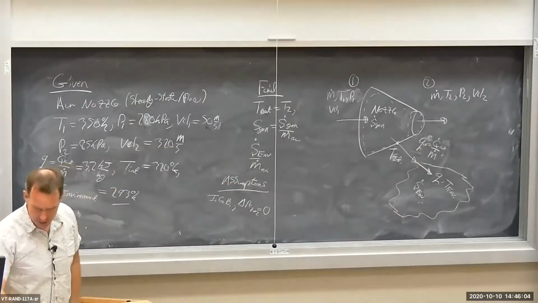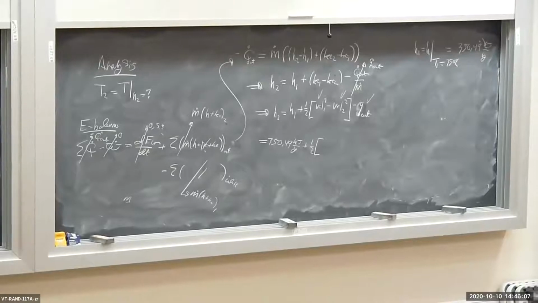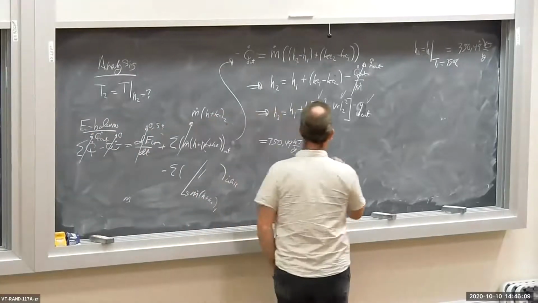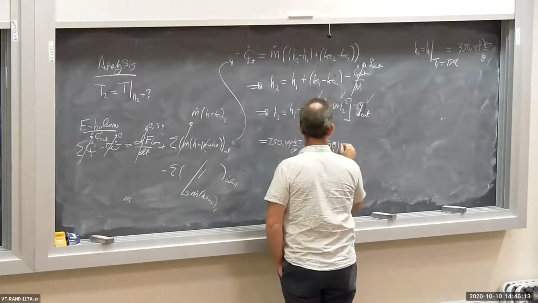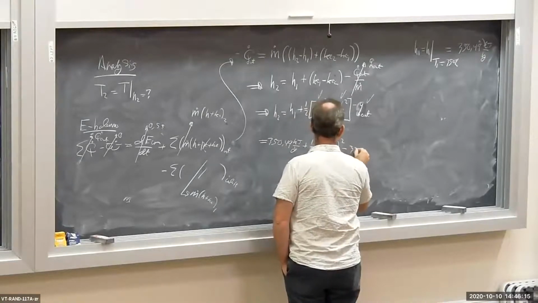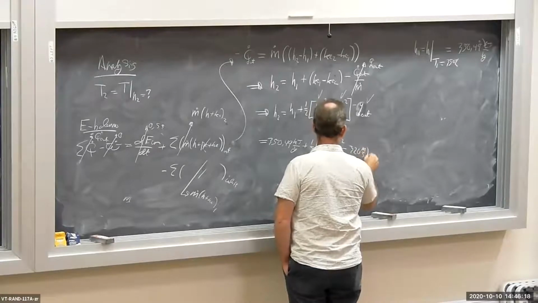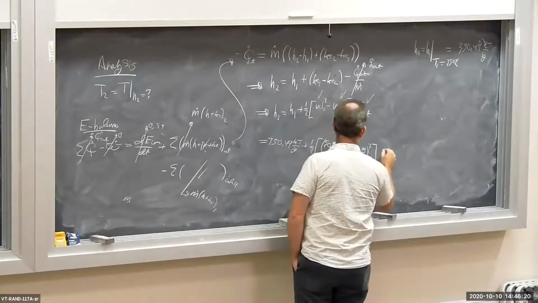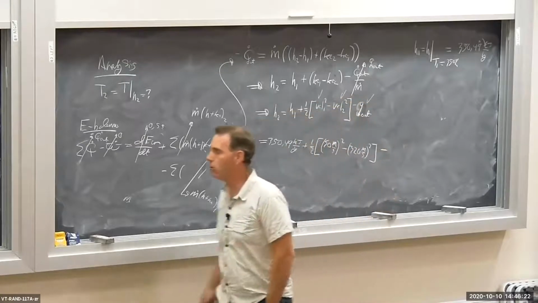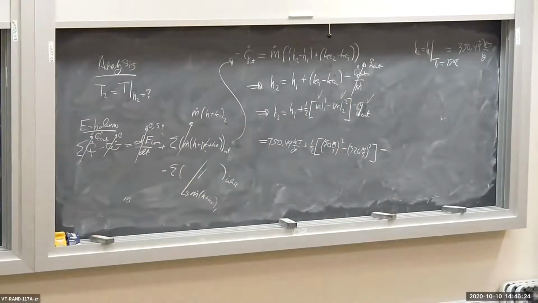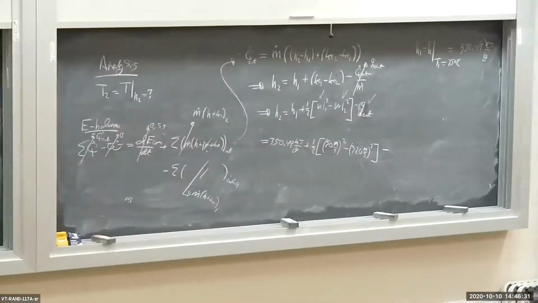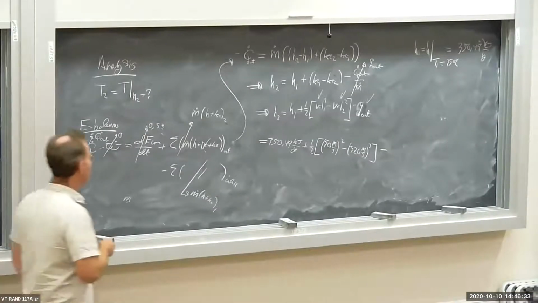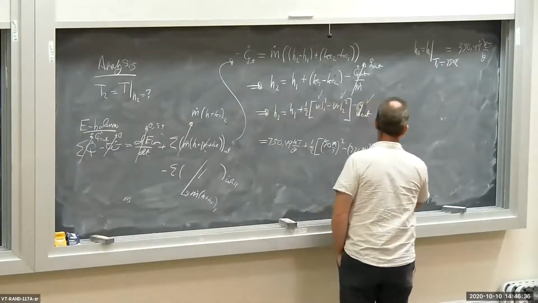So we have 50 meters per second squared minus 320 meters per second squared. And then I have minus q dot out per m dot, sorry about that, lowercase q out, which is 3.2 kilojoules per kilogram.